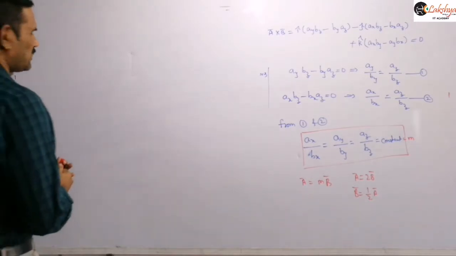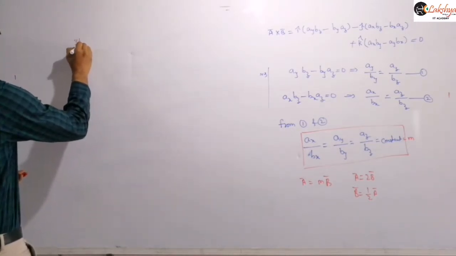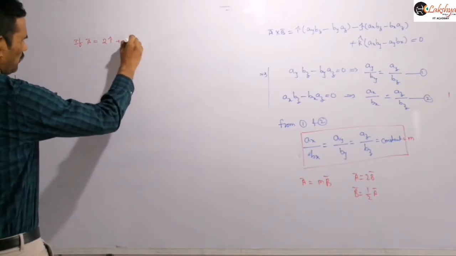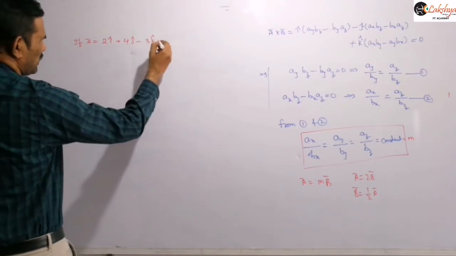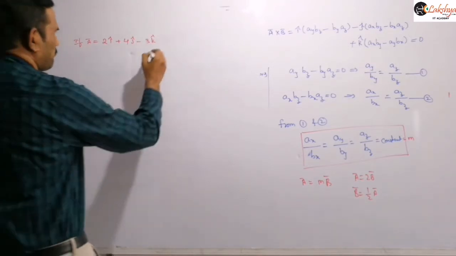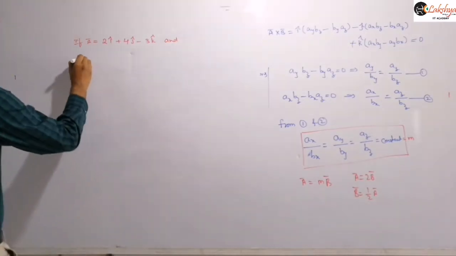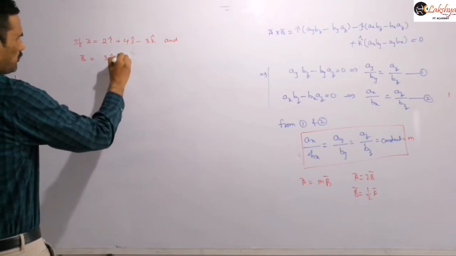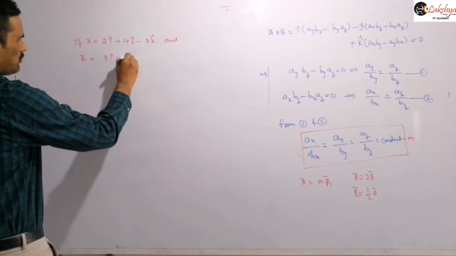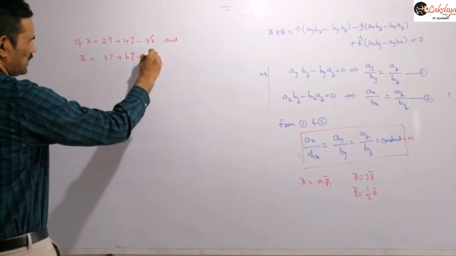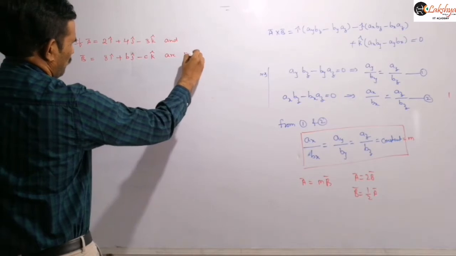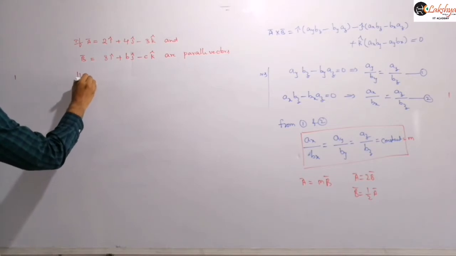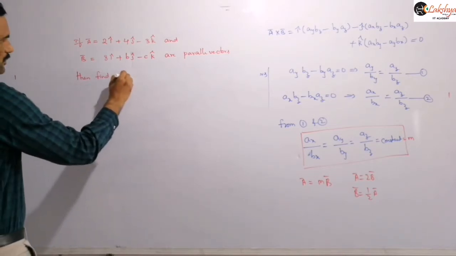So now here I am taking this condition: if a bar is equal to 2i cap plus 4j cap minus 3k cap, and b bar is equal to 8i cap plus b j cap minus c k cap, are parallel vectors, then find b and c.